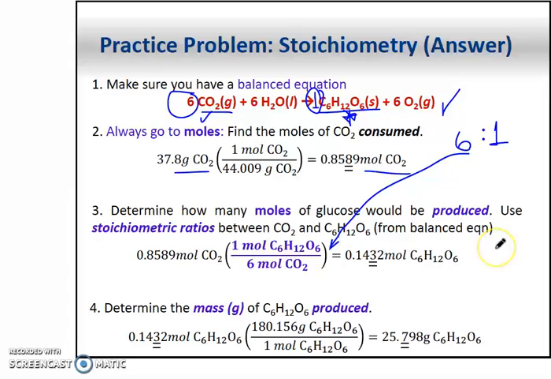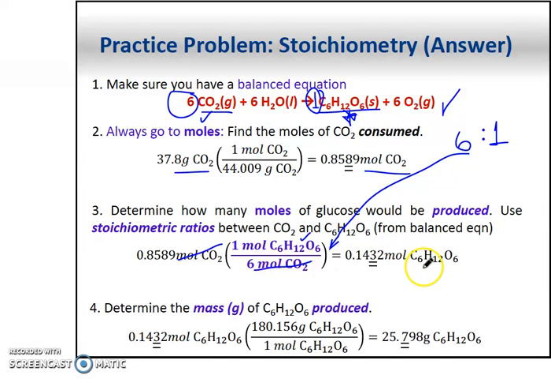Okay, remember, it's always going to be this relationship. The one on top is going to be the one that we want to find out, and the one in the bottom is the one that we are given, because that's what we want to cancel. We want to cancel the moles of the compound that is being given to make the moles of the one that we're being asked to solve.